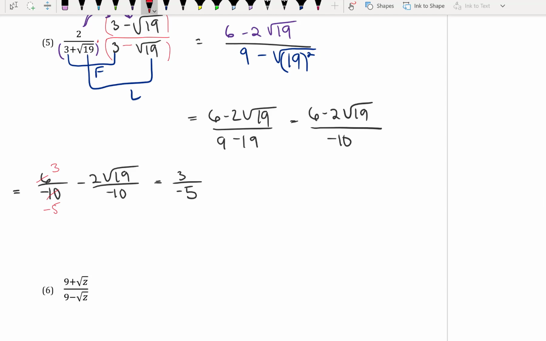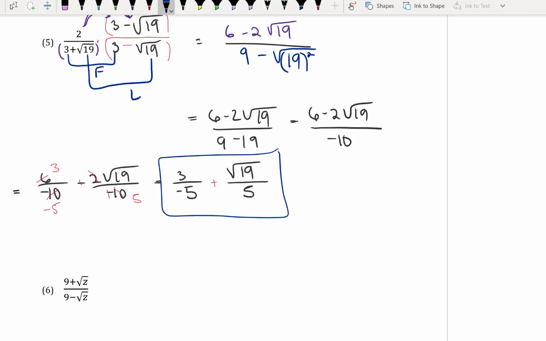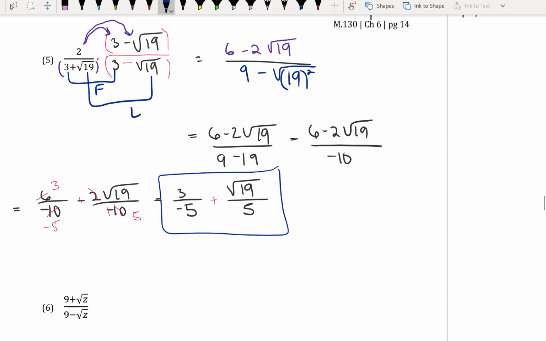And here I have a negative times a negative, so that turns into a positive. And then I have 2 and 10, which gives me a 5 in my denominator. So up on top, I have the square root of 19. And so that ends up becoming my final answer. So here you always want to make sure that you are multiplying by the conjugate if need be.